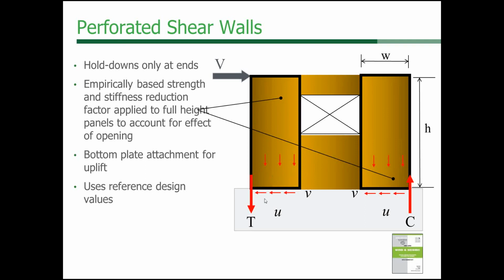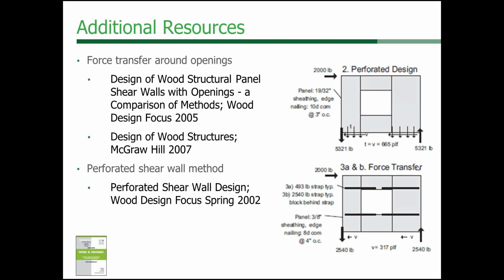All of these three shear walls have reference design values. Well, you use the shear wall tables in the wind and seismic provision, but the perforated shear wall also eliminates the need for the interior hold downs. Now, if you would like more information on force transfer around openings or perforated shear walls, here are some references that provide you with some information on these types of shear walls and how to analyze them.